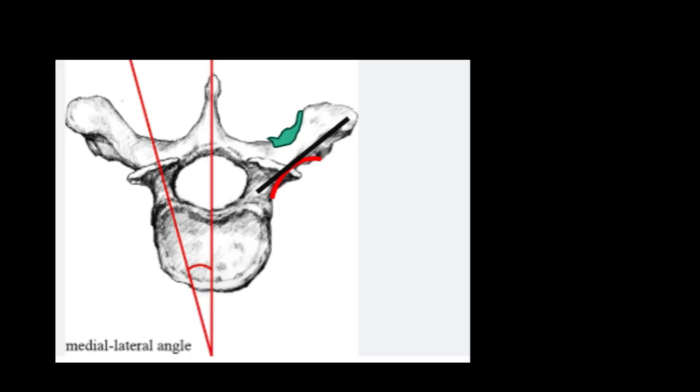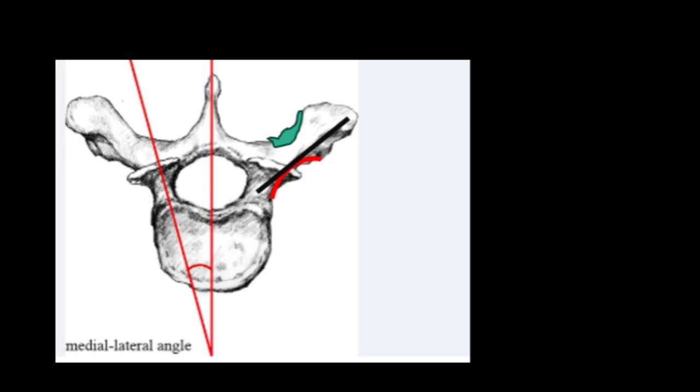Then you burr the dorsal cortex of the transverse process, and the anterior or ventral cortex of the transverse process continues anteriorly as the lateral cortex of the pedicle.